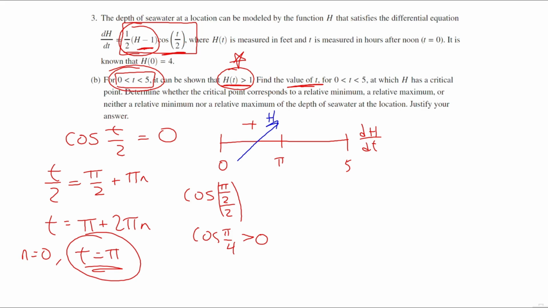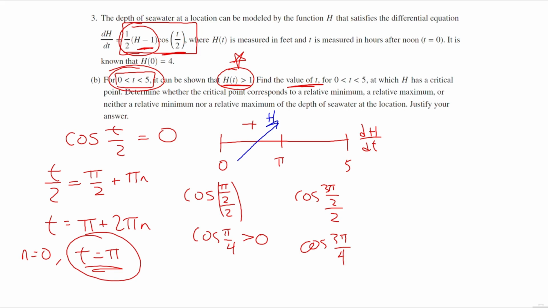And then if we test something between pi and 5, let's say we did 3 pi over 2, right? Again, we know that the 1/2 of H minus 1 is positive still. So if we do cosine of 3 pi over 2 divided by 2, that'd be the cosine of 3 pi over 4.